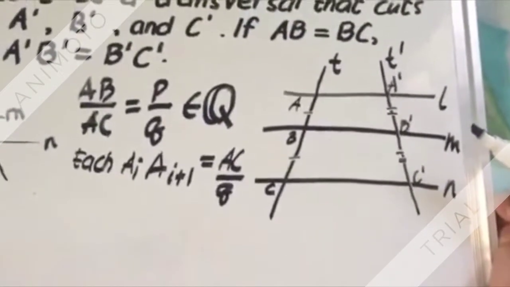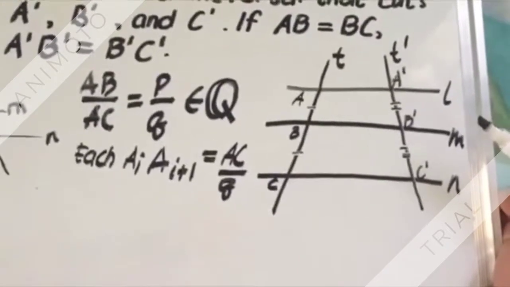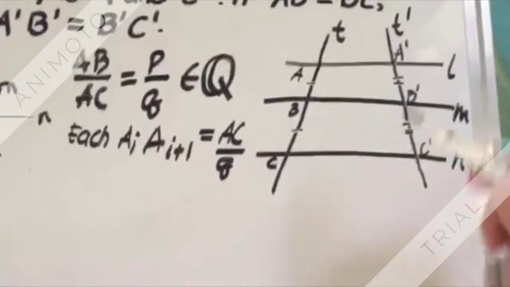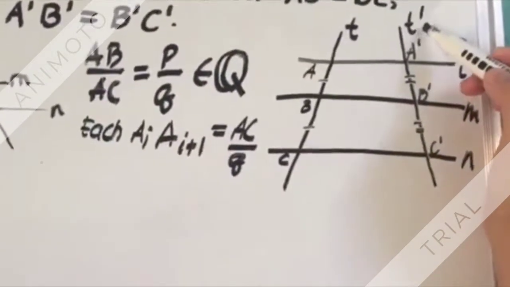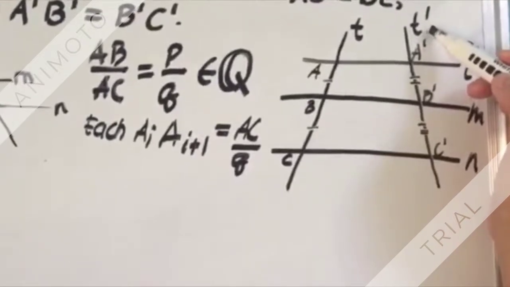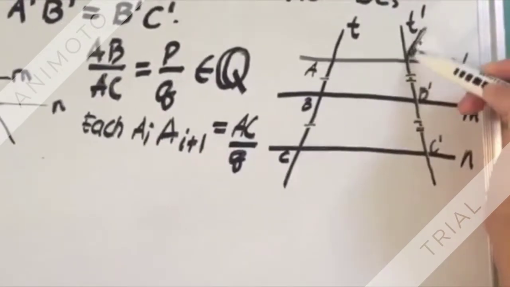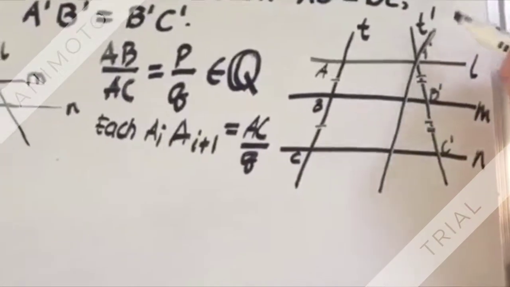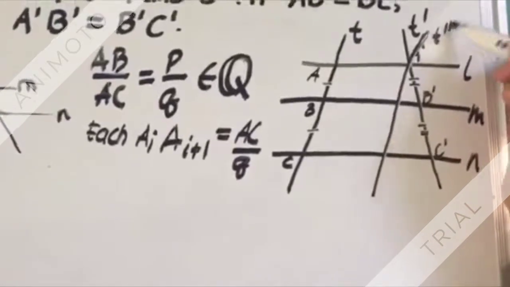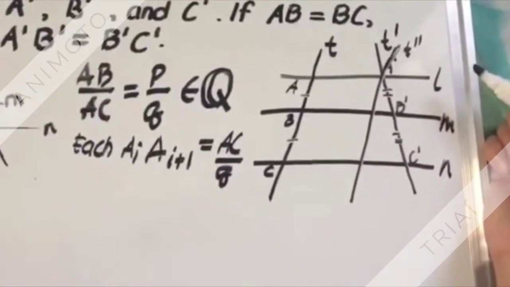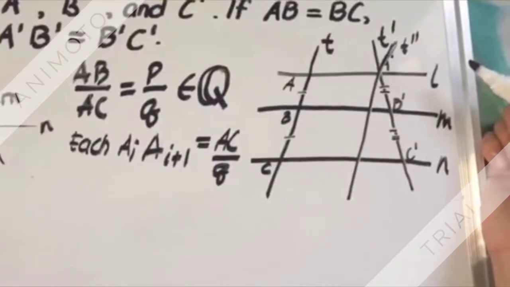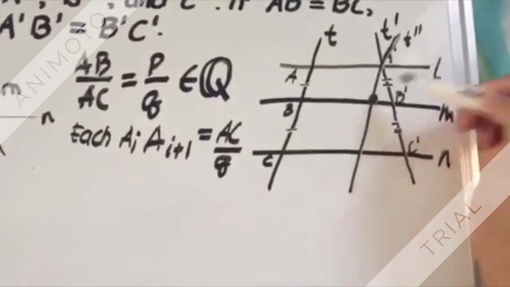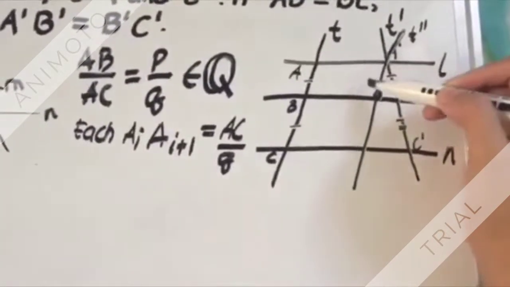Now let's proceed to another transversal, T double prime. Let's make a T double prime, sorry if it's not that straight, that cuts L, M, and N and forms another point, B double prime.